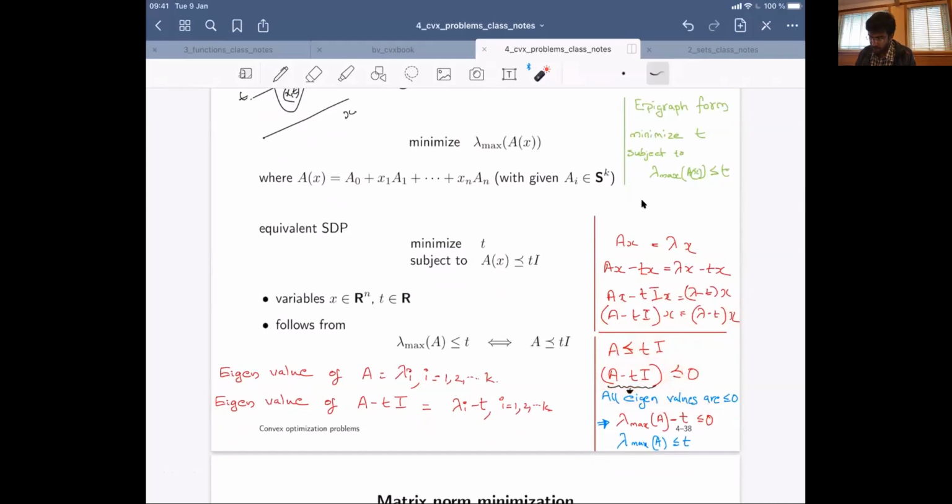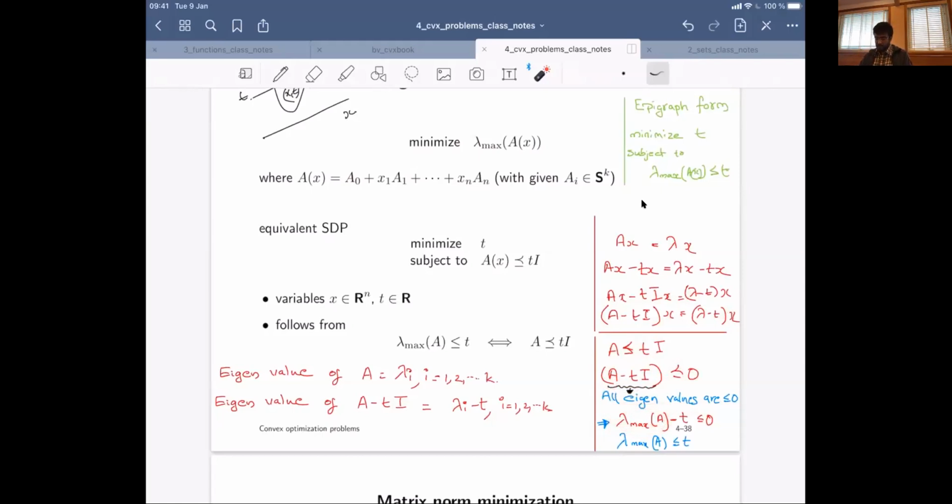It says this matrix is negative semi-definite, meaning all its eigenvalues are less than or equal to 0. So if all the eigenvalues are less than or equal to t, then replacing the eigenvalues of A with the maximum will also be satisfied, right?